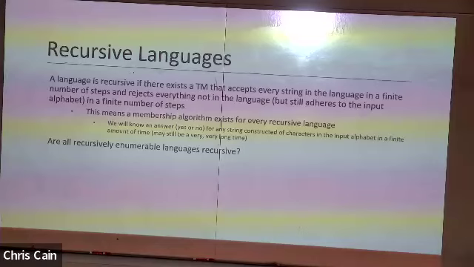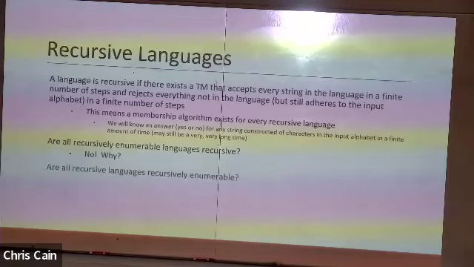Recursively enumerable languages can't have a membership algorithm, so are those a subset of the recursive languages? The answer is no, for the exact opposite reason. But are all recursive languages recursively enumerable? The answer is yes, for the exact reason that you gave.